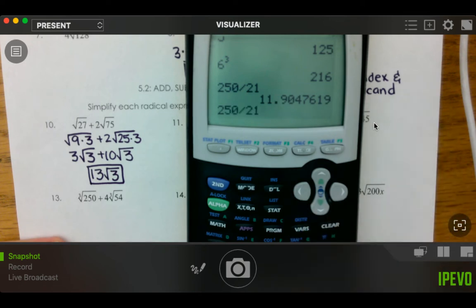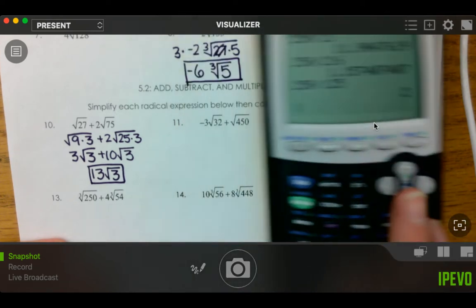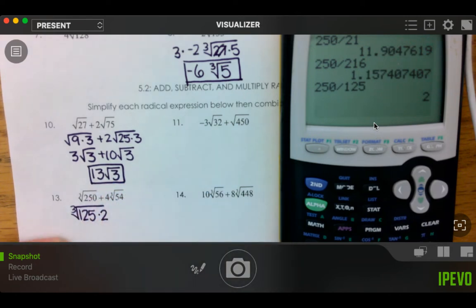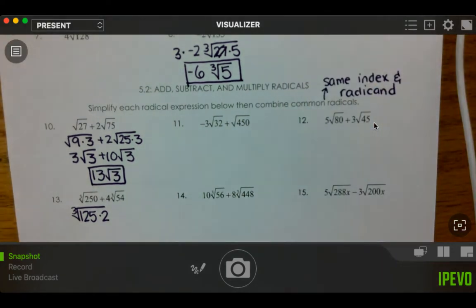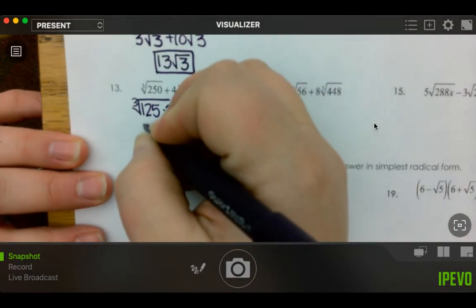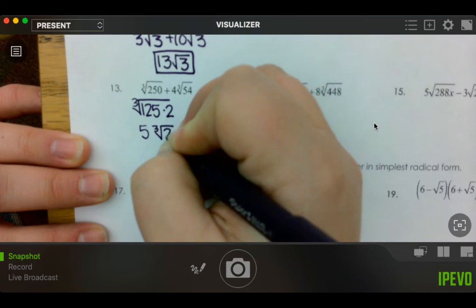So 216 doesn't work. But look at that, 125 does. And again, I will give you those perfect cubes so you don't have to test them out in your calculator. I just can't pull up that list at the same time right now. So then the cube root of 125, it was 5 cubed, so that's just 5. And then you keep the cube root of 2 afterwards.